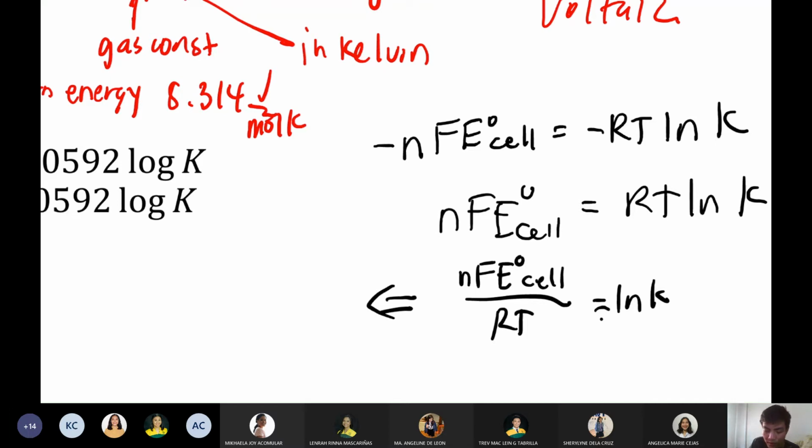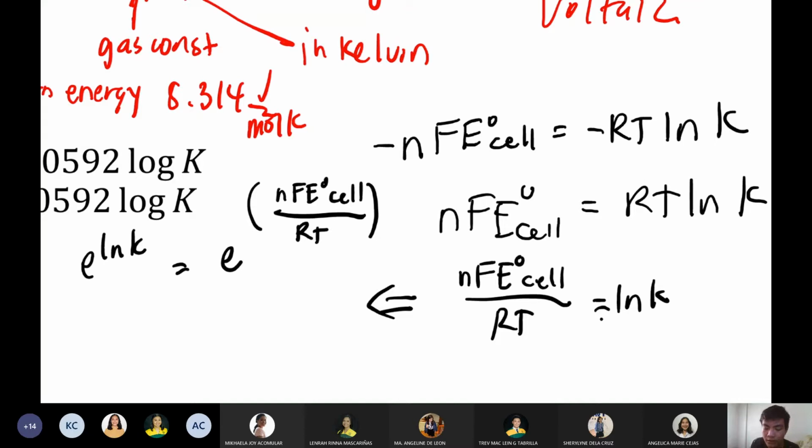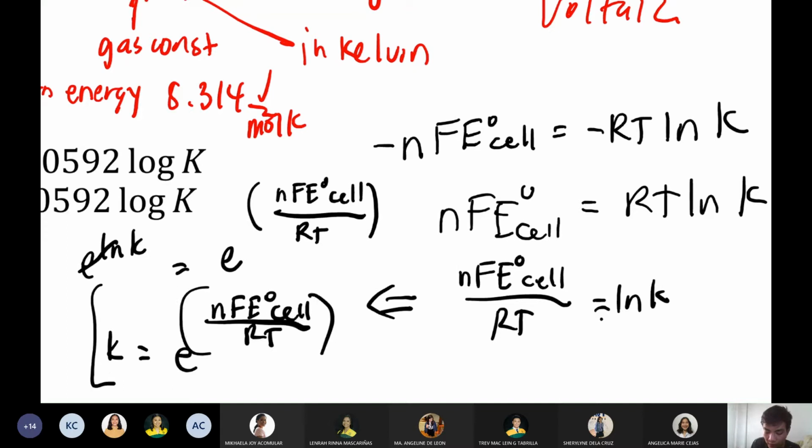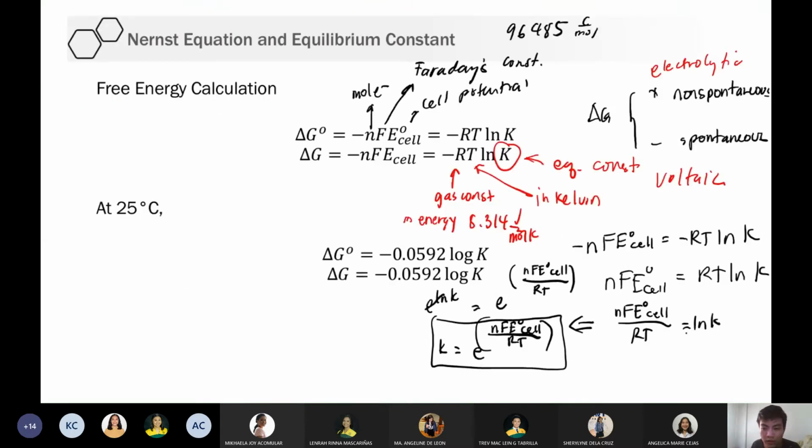So that will become e raised to ln K equals e raised to the quantity nF E naught cell over RT. Ano mangyari? Yung e and the ln will cancel out, giving us K equals e raised to nF E naught cell over RT. This is the equation we use to get the equilibrium constant.